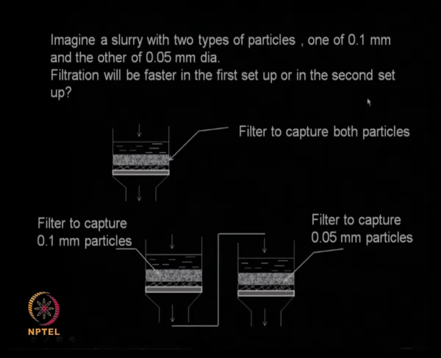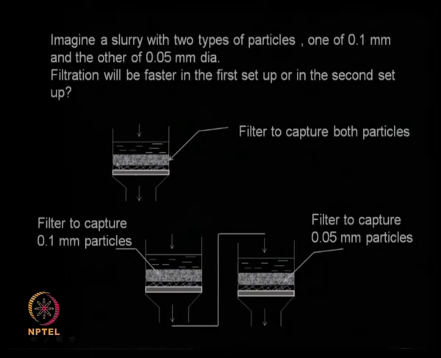So you have two systems, one system where the holes are very fine, so both 0.1 mm and 0.05 mm are captured. In the other place you have two filtration units, here the holes are very coarse, so only 0.1 mm is captured, 0.05 escapes, which is captured in the second filter. Now two systems are there, will the filtration be faster in this or will the filtration be faster in this?